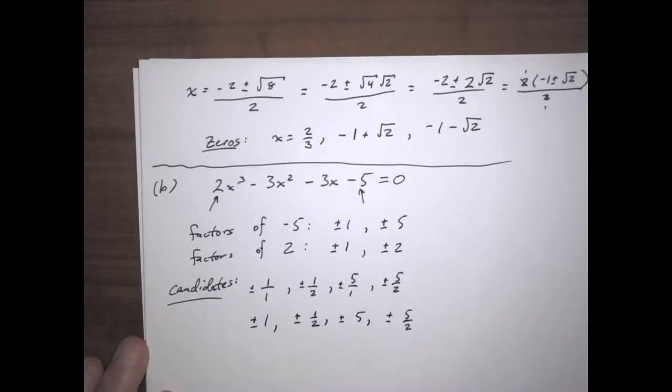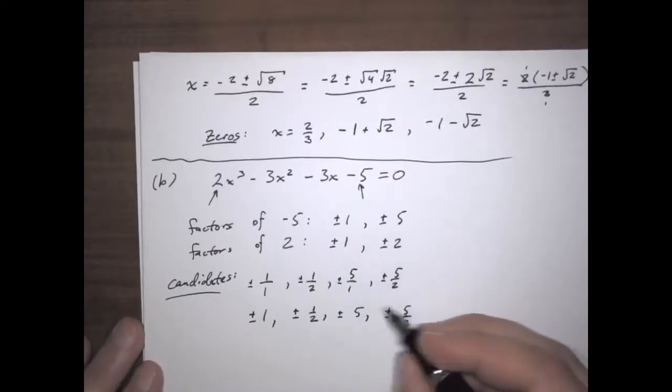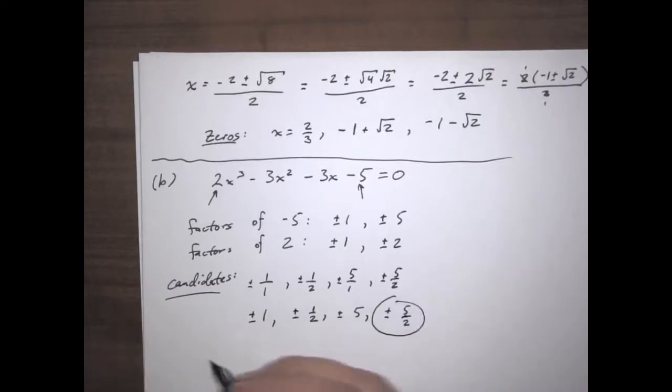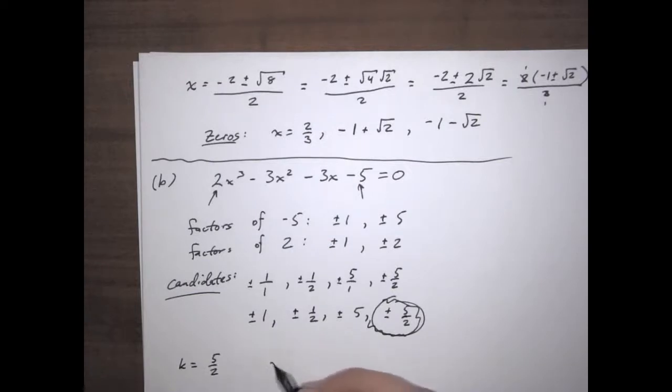So we could go through the whole rigmarole that we did last time and try all of them from the beginning to the end, but just to shake things up and for reasons of let's say divine inspiration, I'm going to start with that one first. So we can start with any of them, and let's just say k equals 5/2. So that would be a factor x minus 5/2.